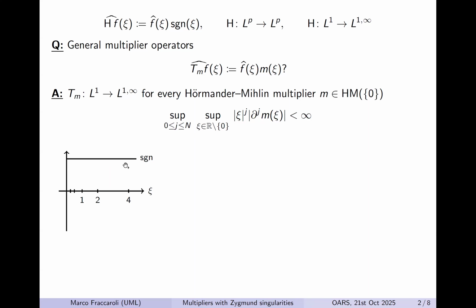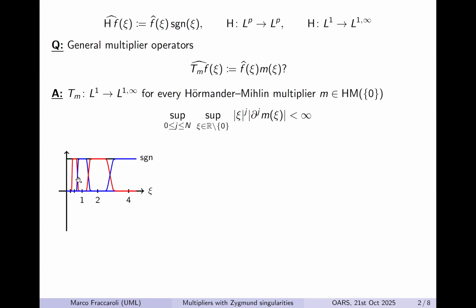Again, this is the signum function, which is the multiplier of the Hilbert transform. You can imagine that you can decompose it into some smooth bumps, where these smooth bumps are all associated to dyadic scales. So this is dyadic scale 1/2, this is dyadic scale 1, 2, and so on.